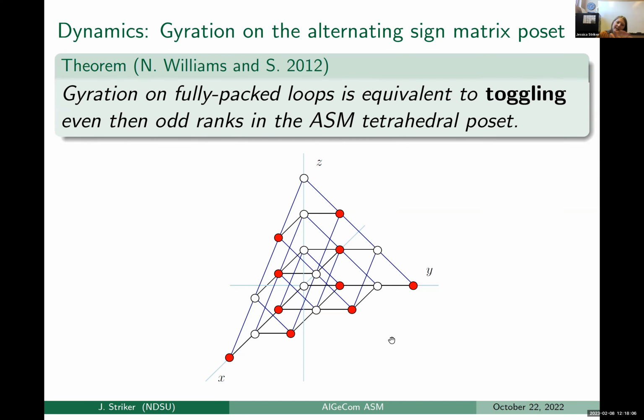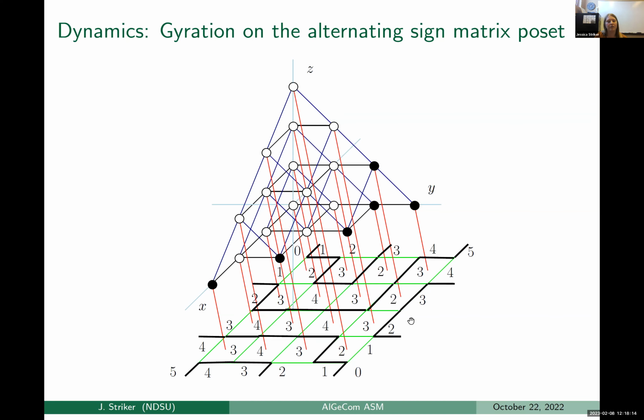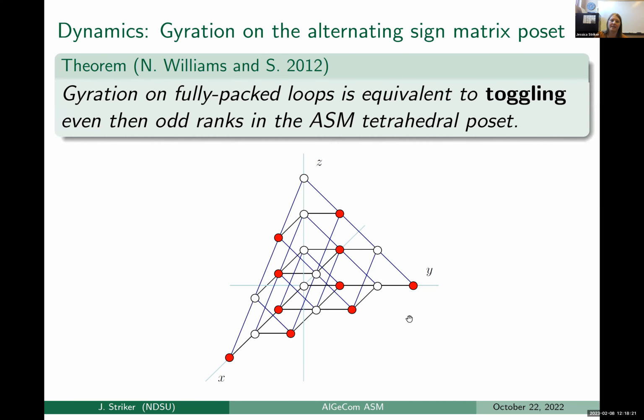You have to look at it sideways, but basically you look at every other rank and toggle all of those, meaning you take them in or out of the order ideal if what remains is still closed downward, if it's an order ideal. Then you toggle all the rest of them. So it's just like the even and odd in the definition of gyration on the fully packed loops.